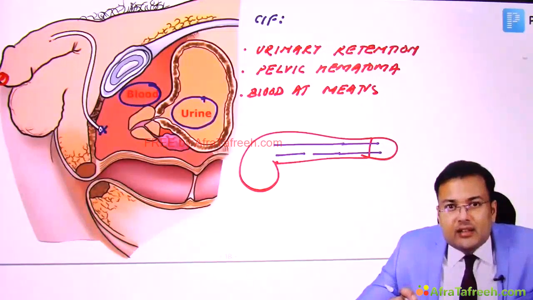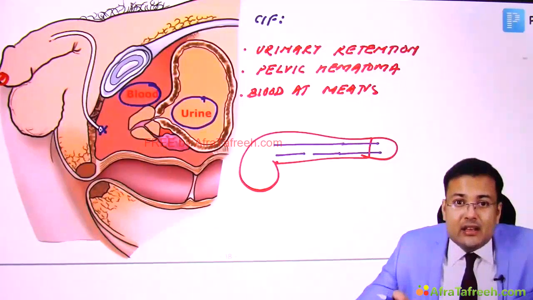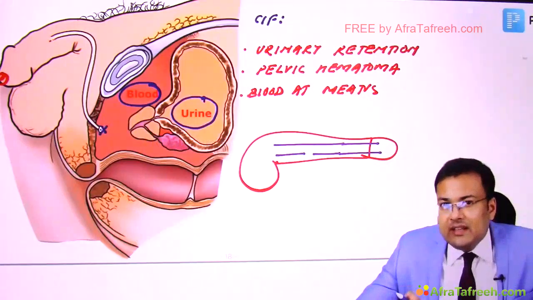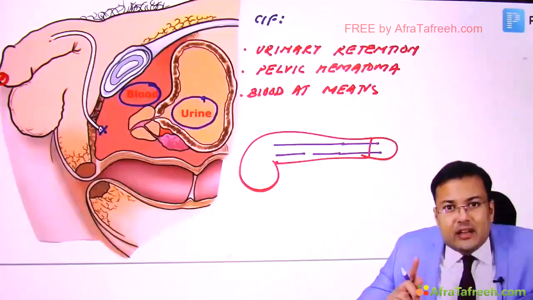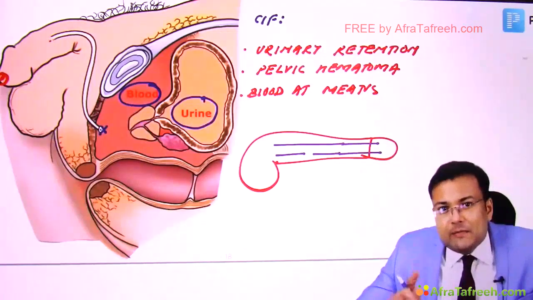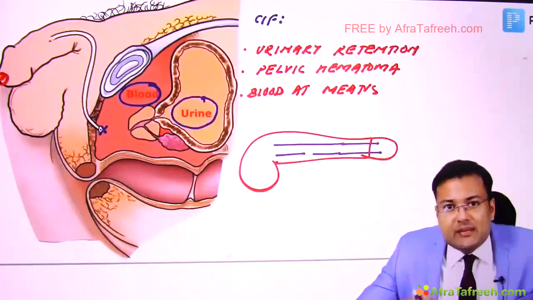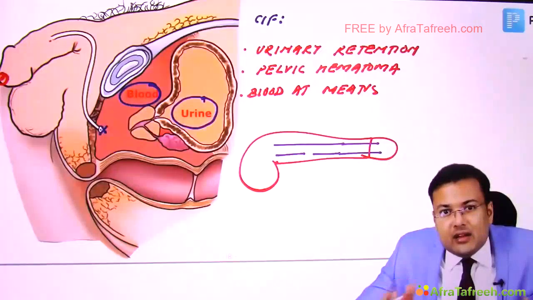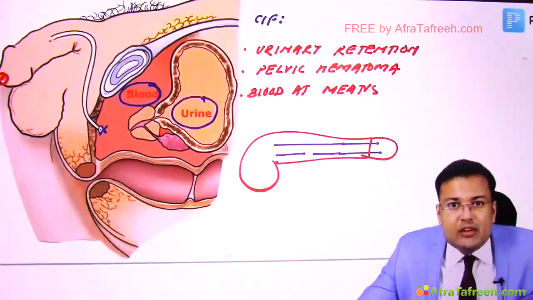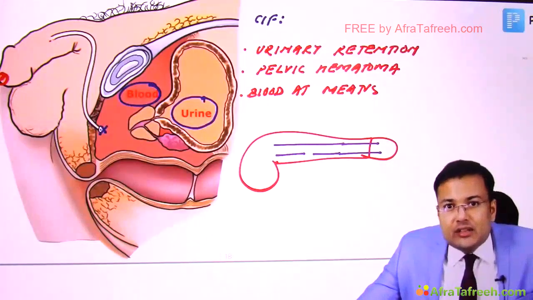A single gentle attempt of catheterization with the smallest possible catheter can be done if partial tear is suspected. But you have to see the language of the question, and the options, and then choose the correct answer. So usually catheterization is not done.